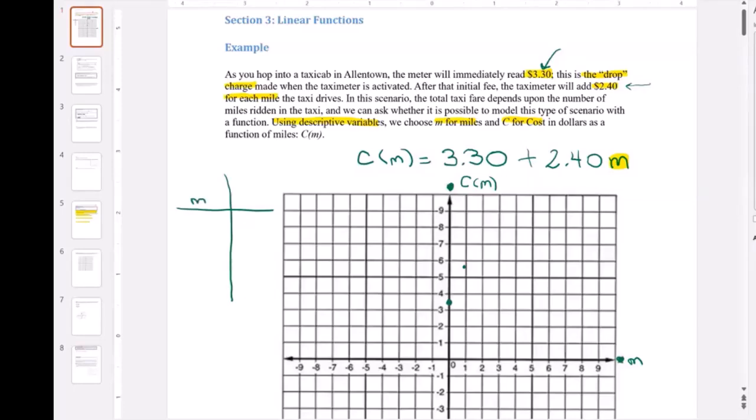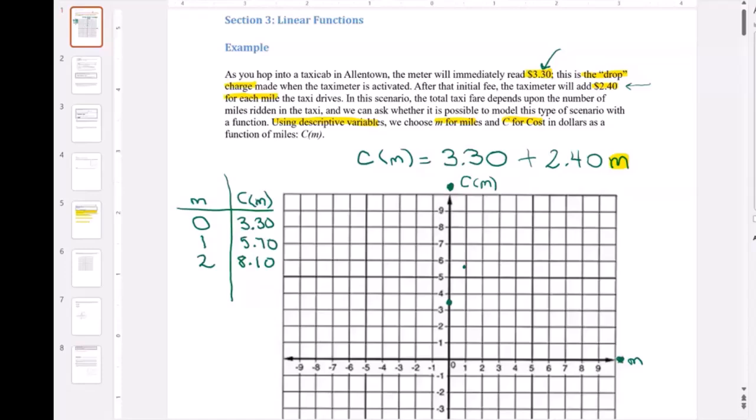So miles and the cost. If I go 0 miles, it's going to cost me $3.30. If I go 1 mile, it's going to cost me $5.70. If I go 2 miles, now I'm going to add 2 times 2.40 is 4.80 plus 3.30 is going to be $8.10.